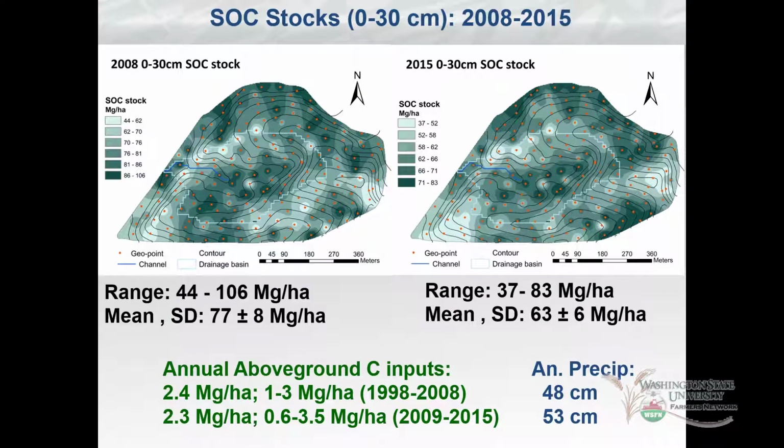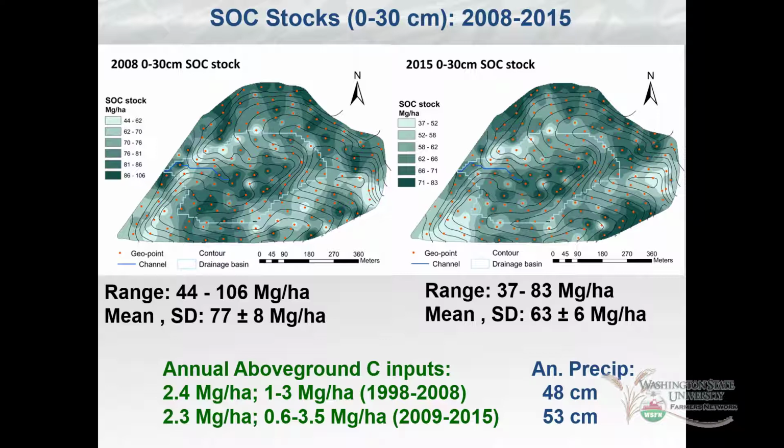So here's stocks 0 to 30. The bad news is that, yeah, we're still losing quite a bit of carbon through that change of drills. At this point, I also brought in the annual aboveground carbon inputs. Again, we collect biomass here to see how much carbon is going back in these different sites. And you can see there's a range there.